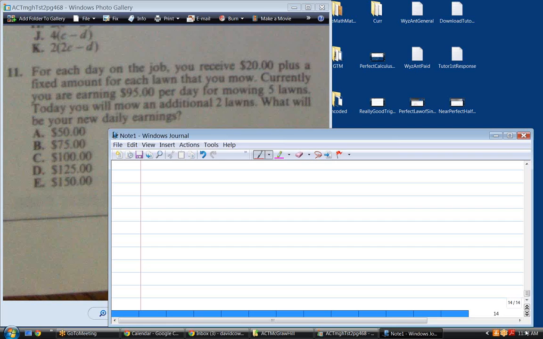Subtract the part they gave you for just showing up. What do you get? 35. And you did 5 lawns. How much did you make per lawn? How do you figure it out? You're 15 per lawn. All right. In other words, we divide by the number of lawns we did.